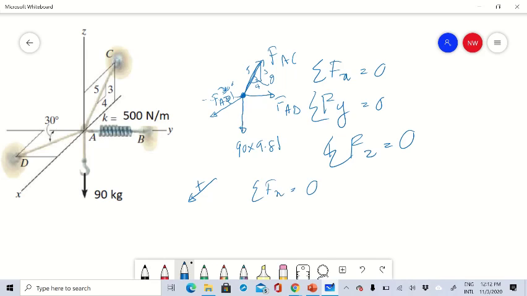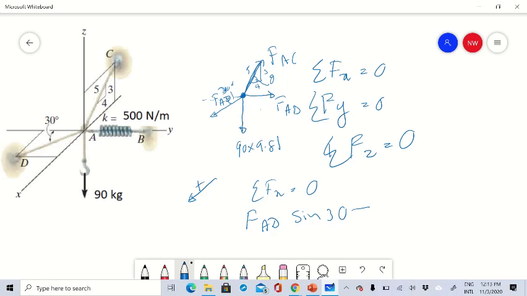So if I write the equations in the x direction, this force is on the xy plane, so the resolvement in the x direction is in positive x direction, right. I can write FAD sine 30, right. And this force is on the z axis, so no resolvement in x direction. This one, no resolvement again in x direction as it is on the y axis. How about here, it is on the xz plane, so it comes, right.